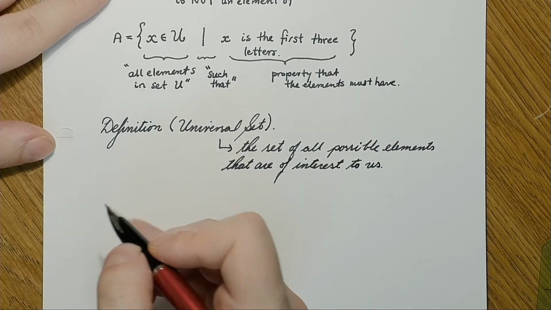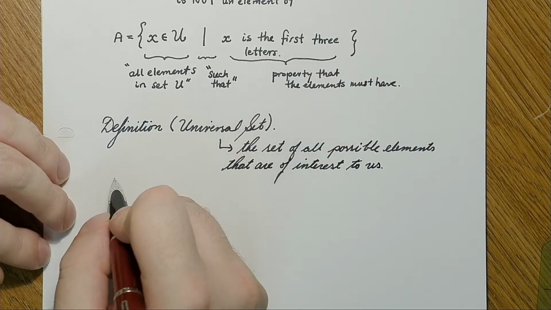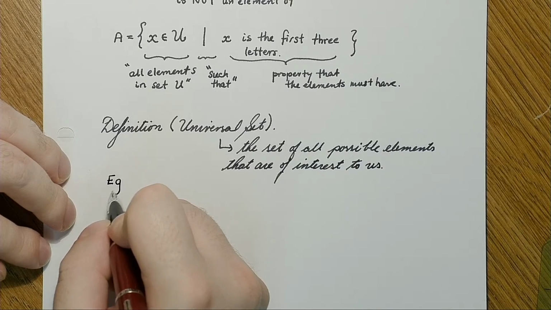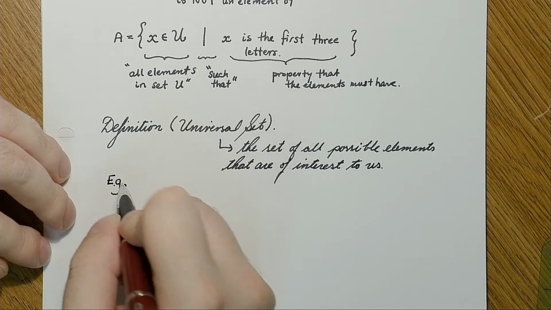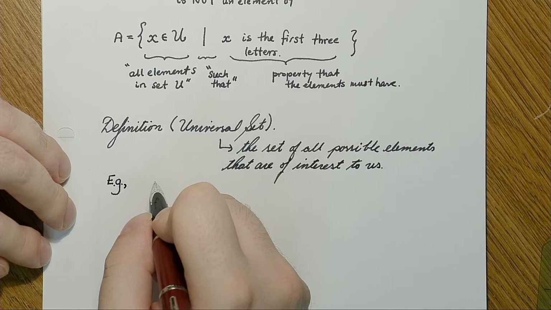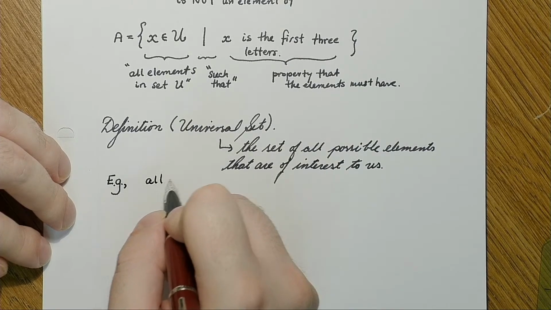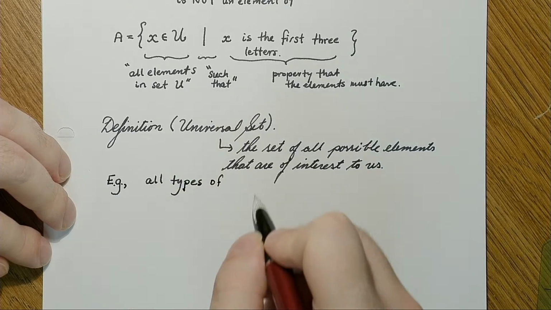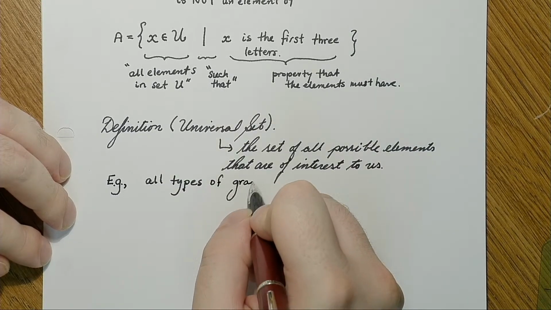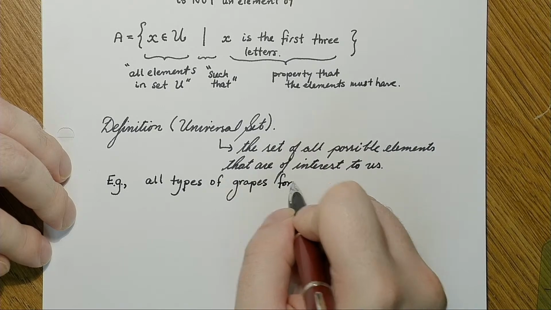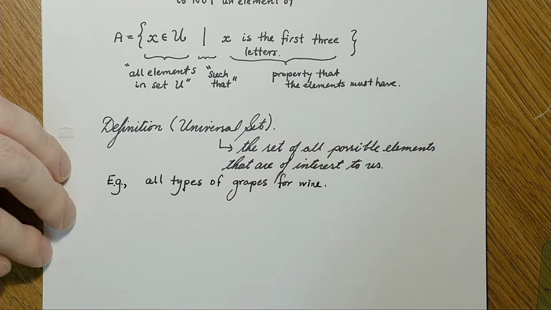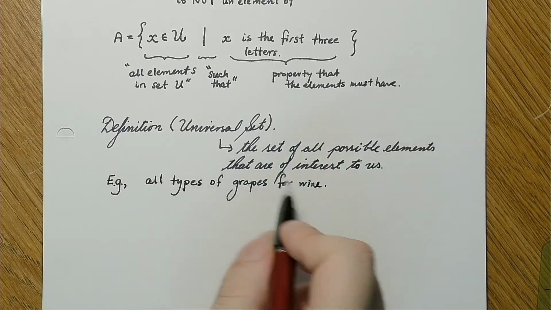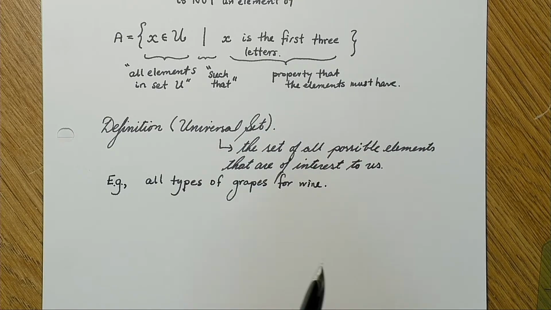So what does that mean? Because a universal set could be quite vague. For example, I could be talking about all types of grapes when I'm talking about wine. Right. And inside of that universal group, I could have red grapes and white grapes.